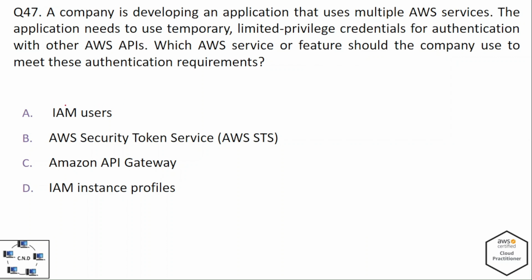And the options are A. Identity and access management users, B. AWS security token service, that is AWS STS, C. Amazon API gateway, and D. identity and access management instance profiles. And the correct option is the AWS security token service, that is AWS STS.